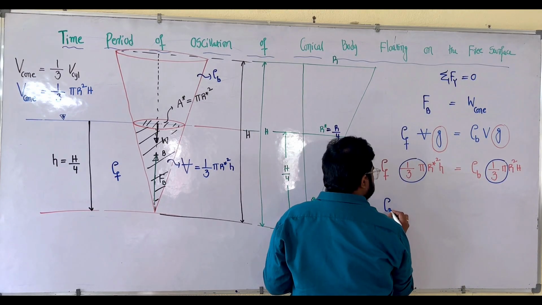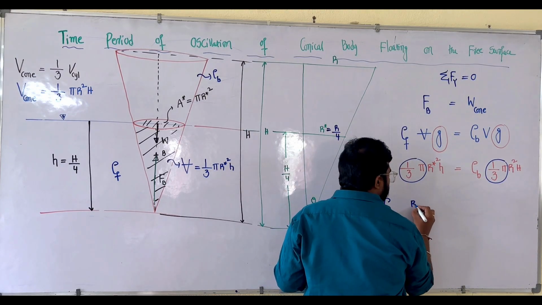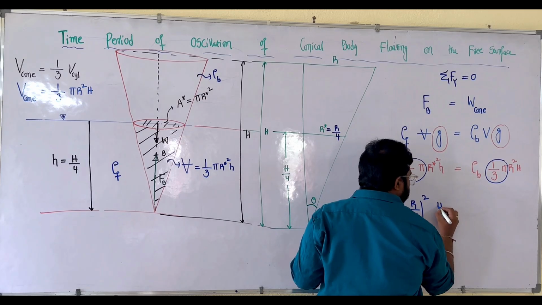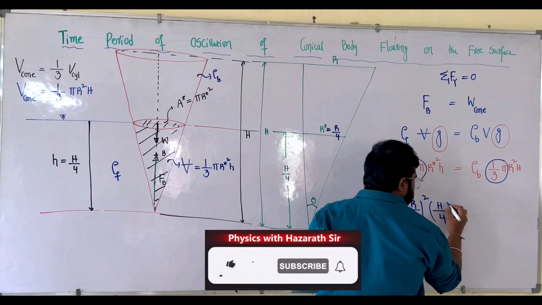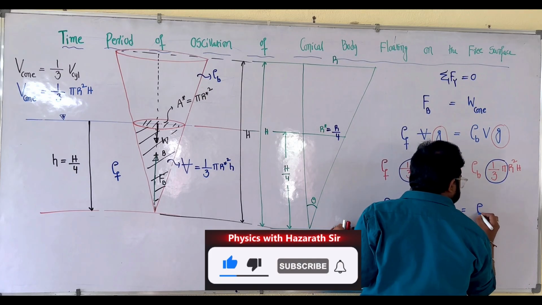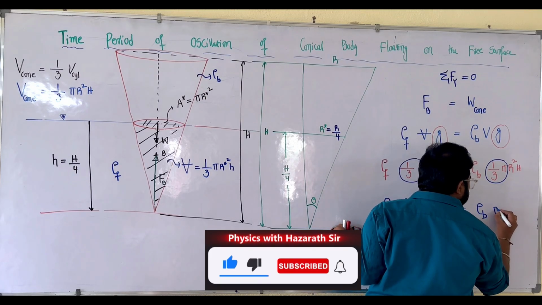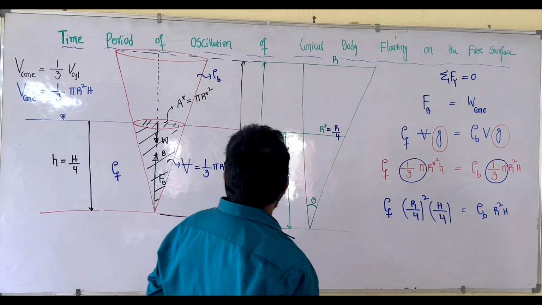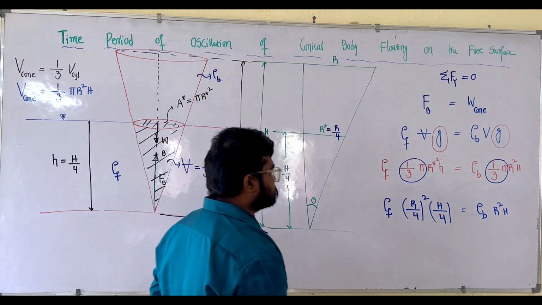Then density of the fluid, R by 4 whole square into h by 4, equals density of the body into R square into capital H, where small h equals H by 4.